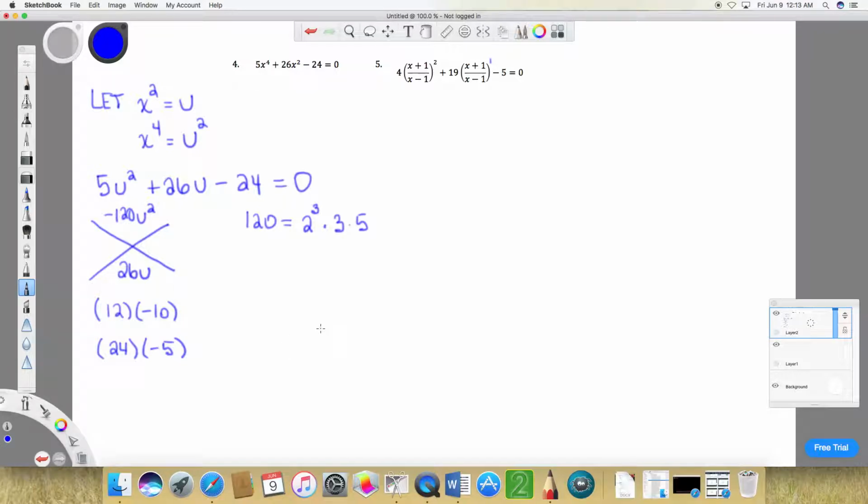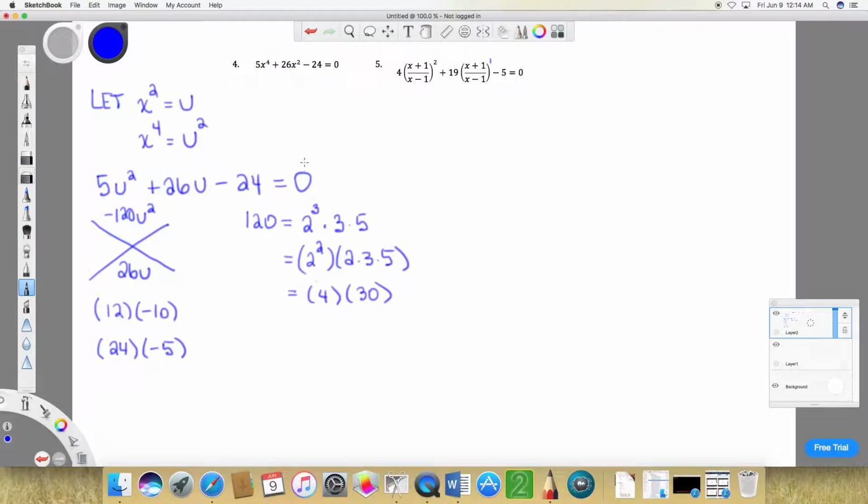Now, what about 30 and 4? Okay, so if I look at this as 2 squared, and I look at this as 2 times 3 times 5, I've got 4 times 30.